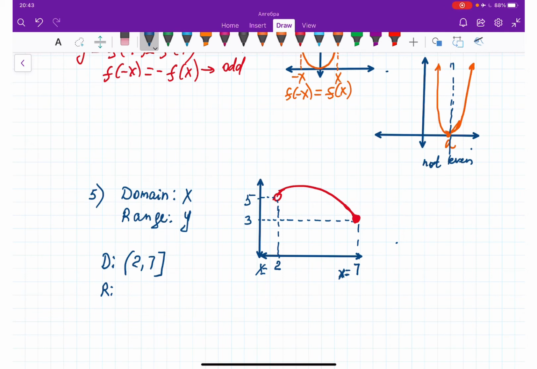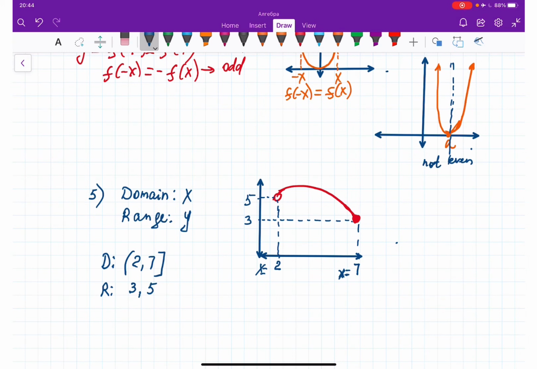This empty circle has a y coordinate of 5, and the ending circle, that is the solid circle, has a value of 3. Okay, so it starts at 5 and ends at 3. But 3 is a smaller number, so we are going to put 3 first and then 5 second.